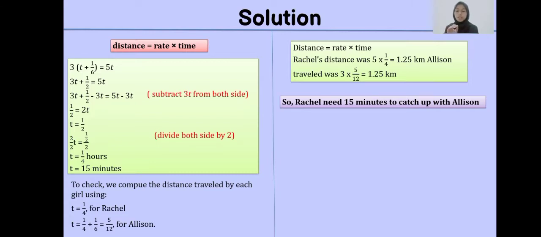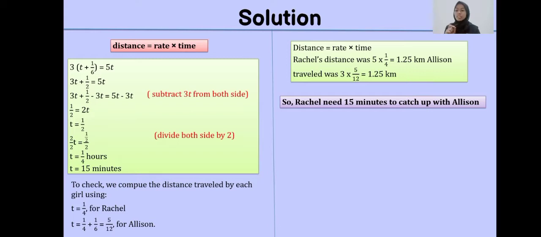And 5t minus 3t is 2t, so 1/2 equals 2t. And then we're going to isolate t. So 2t divided by 2 and 1/2 also divided by 2. So t equals 1/4 hours, and if we convert it into minutes, it becomes 15 minutes.